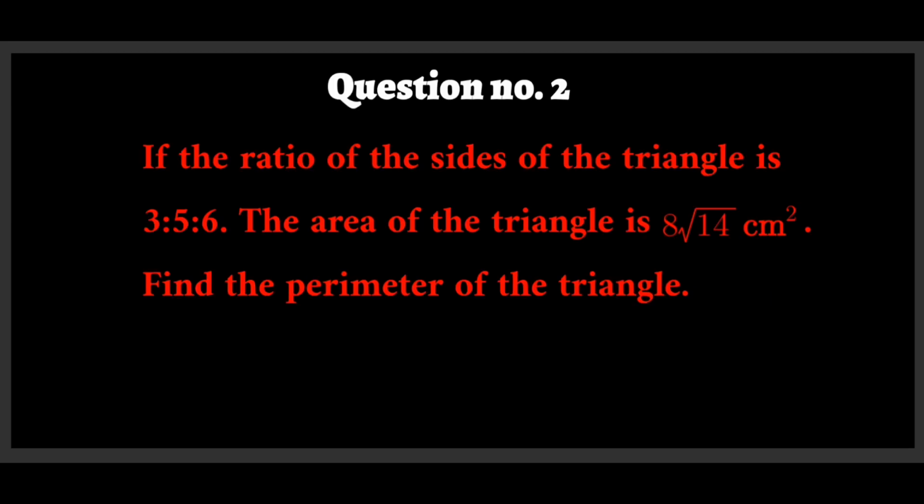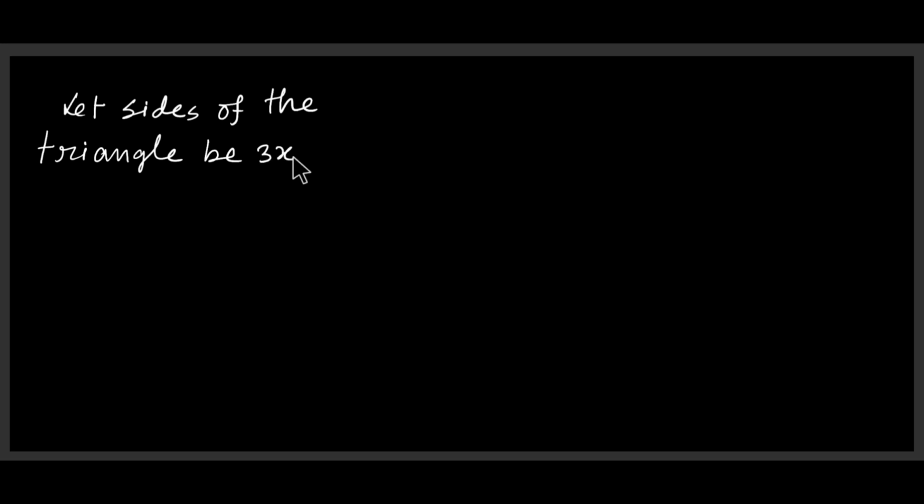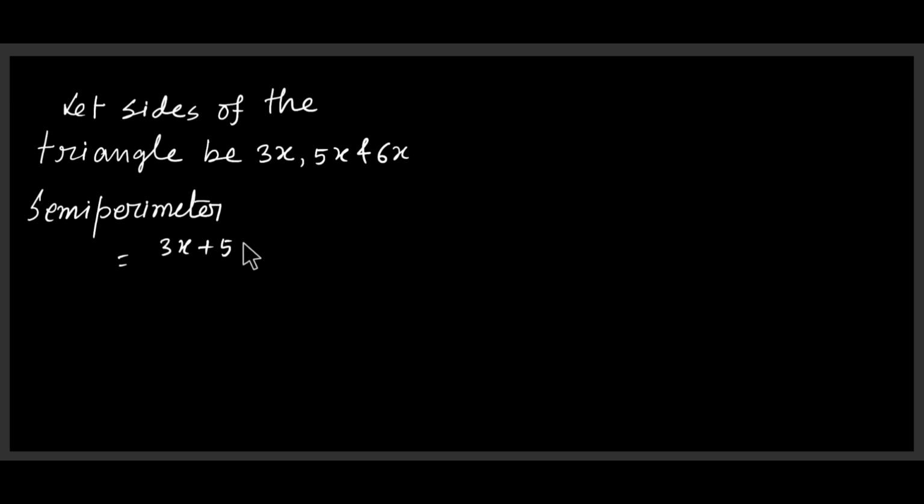Question number 2. Let the sides of the triangle be 3x, 5x and 6x. So semi-perimeter must be (3x plus 5x plus 6x) divided by 2, and it must be 7x.